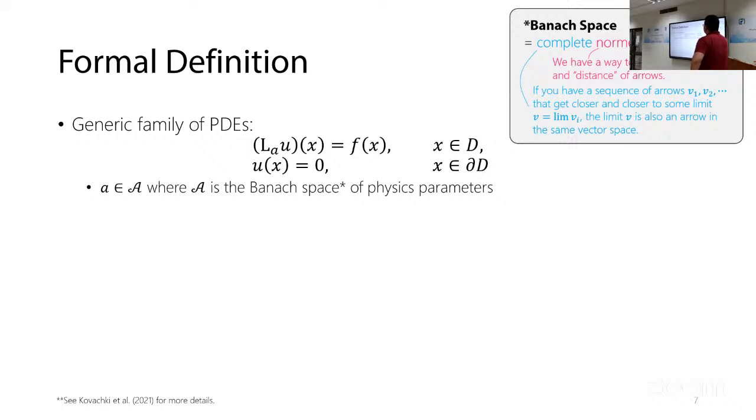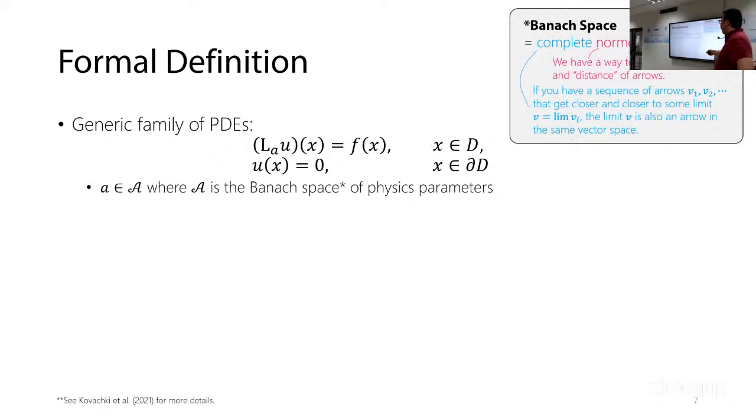Like I said, A in the subscript of the differential operator L is the space of physics parameters. You can consider that as things like the density of material or the permeability of some porous media, whatever physical parameter that might be.